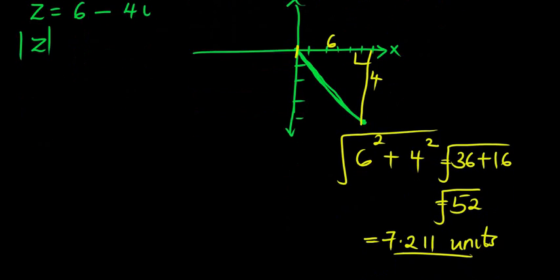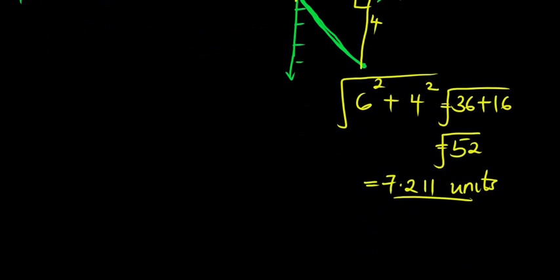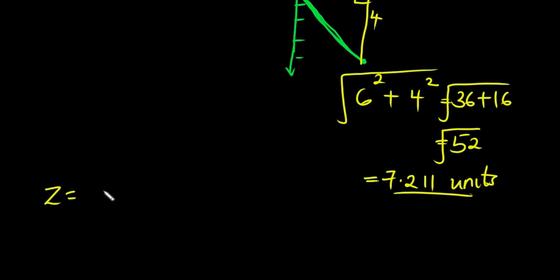So generally, what we do when finding the modulus of a complex number, you don't have to represent it on a plane like we have done, but you can still do it so that you make sure that you don't make any mistake. So you can just let's have z is equal to a plus bi.